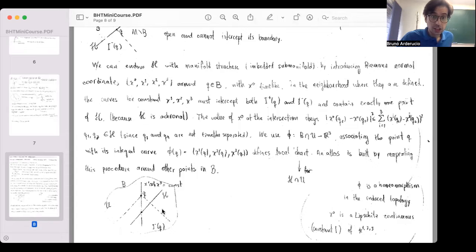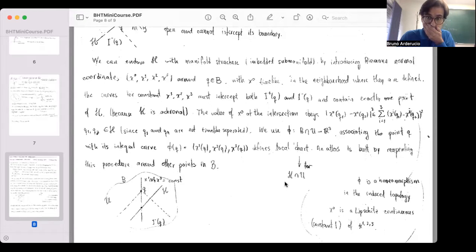The point is that you take the value of the intersection, and you imagine there is a map coming from the neighborhood in which I can define these coordinates intercepting the black hole to R3. So that is the manifold structure that you can introduce on H. This is, of course, just a local chart. You need to repeat it for various points to obtain a full atlas.